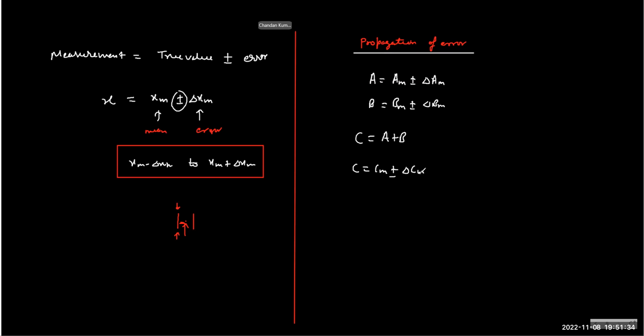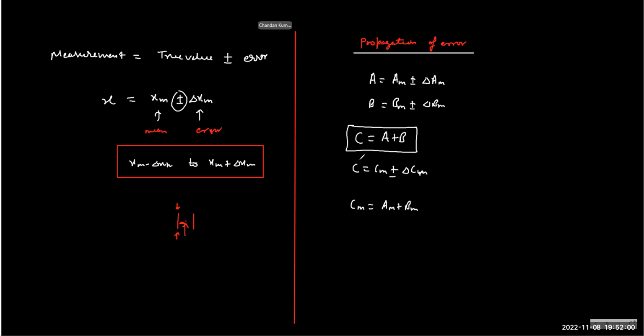Then the question is, how much is CM and how much is delta CM? The answer is simple. CM we can calculate using the formula itself: AM plus BM. So to get the true value of CM, we use the dependent relation.